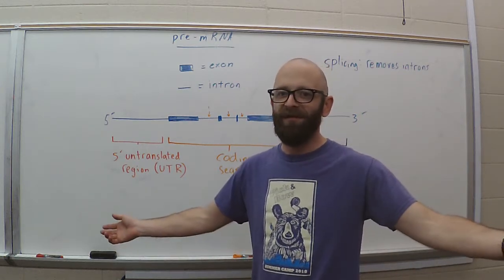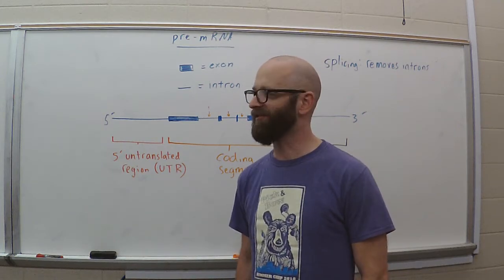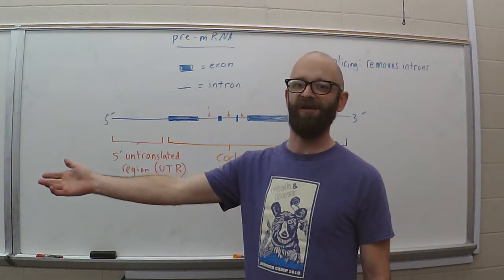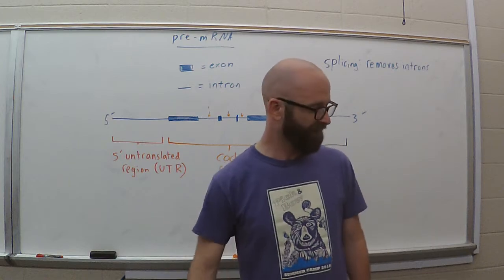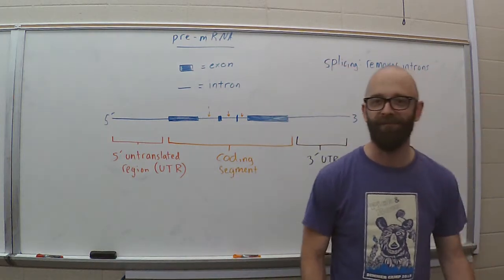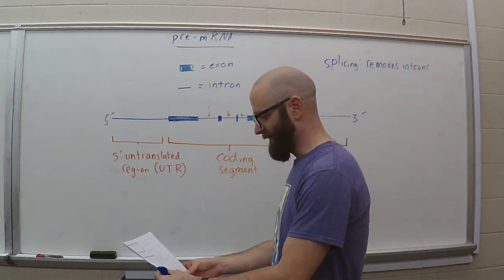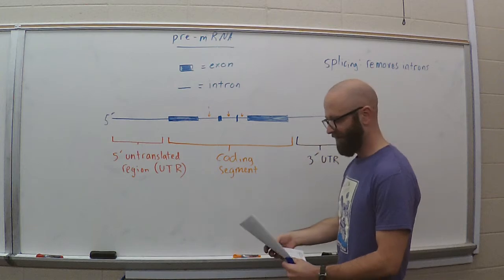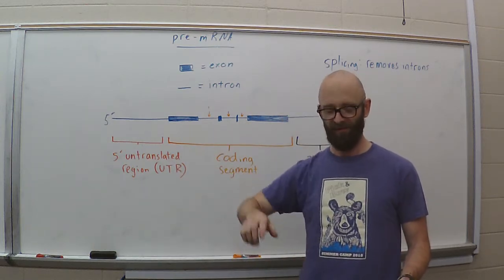You can name it after anything you want, though. You can name it after your dog. You could name it after your favorite video game character, right? Sonic Hedgehog is actually named after Sonic the Hedgehog. So you can name it whatever you want. You have a lot of freedom. Right? So the splicing just removes all the introns and sticks the exons together so that they encode one continuous protein.